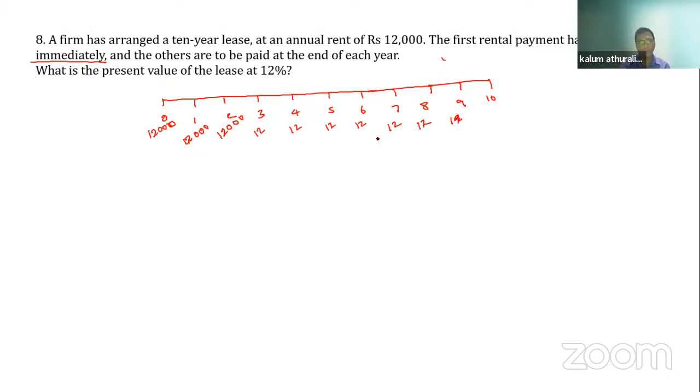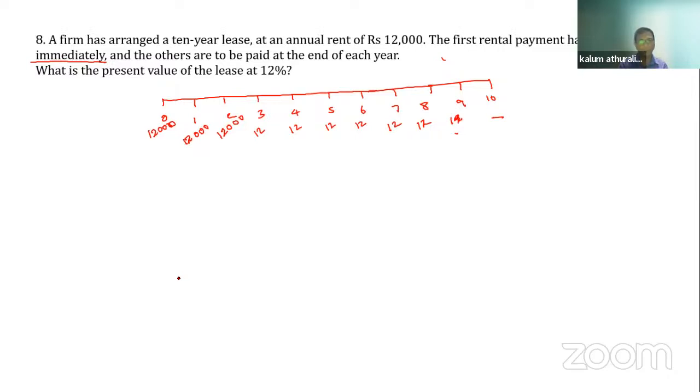From here to here, 9 payments. We paid the first payment immediately, so the total number of payments is 10. Number of payments 10. Understood?